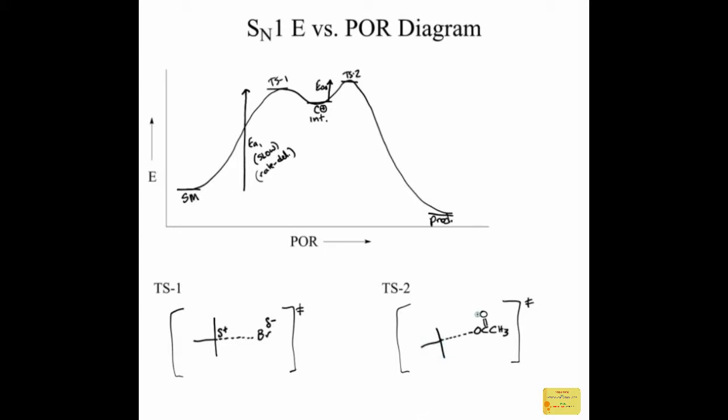He came in as an O minus, but he'll be neutral in the product. So he's losing his charge as he's sharing those electrons to form the bond with the carbon. And this is now going to be losing its positive charge as it's gaining those electrons. It's gaining back its fourth bond. And so that's our second transition state for the second step of the SN1.